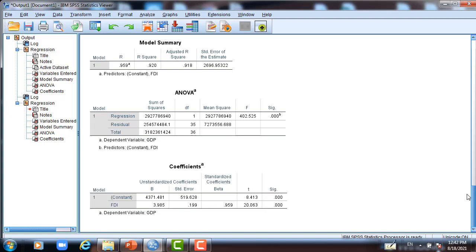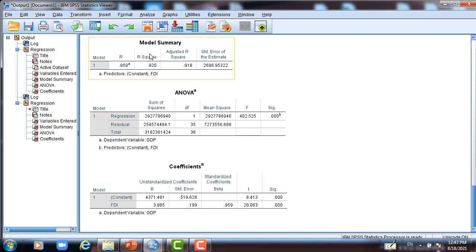So first we are going to look at R, the simple correlation coefficient. R equals 0.959, which represents the simple correlation and therefore indicates a high degree of correlation.